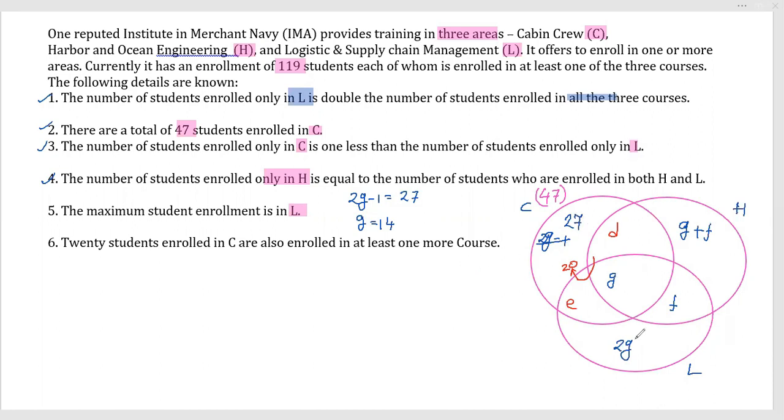Clear? G is 14. So it is 28. This is 14 plus F. 14 plus F. These three, that means D plus E, that would be equal to 6.